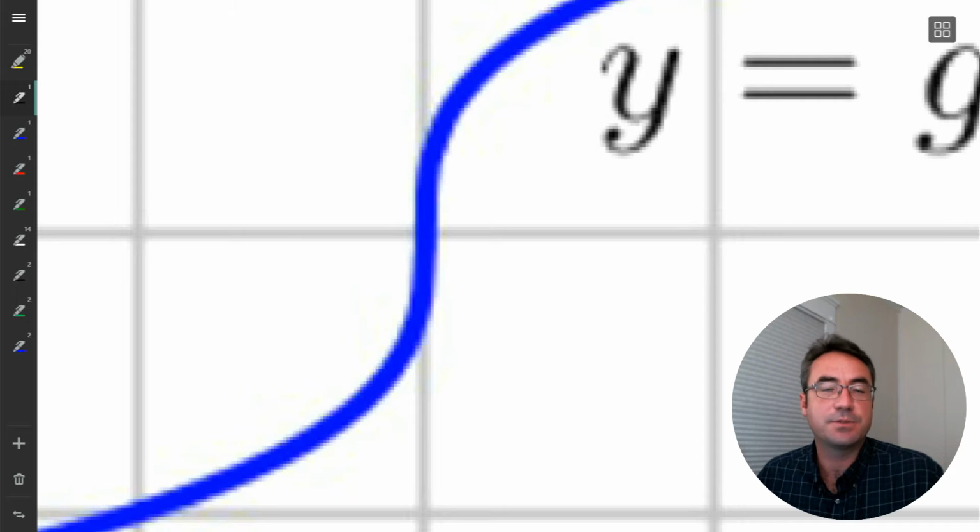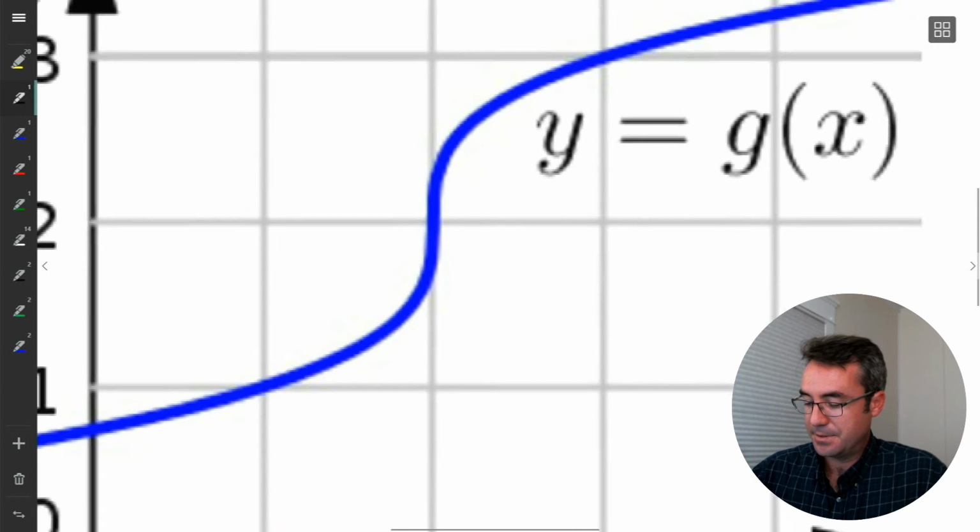So that's another case where our function is non-differentiable, when we have this vertical tangent line.